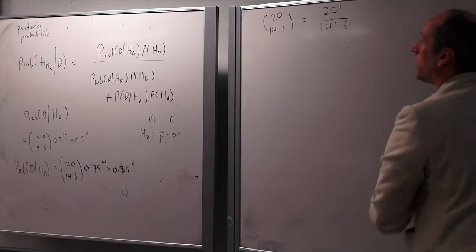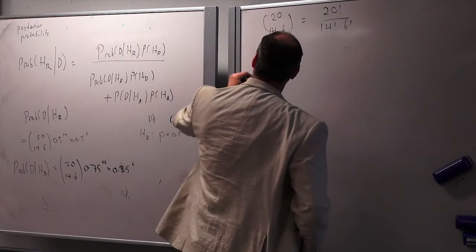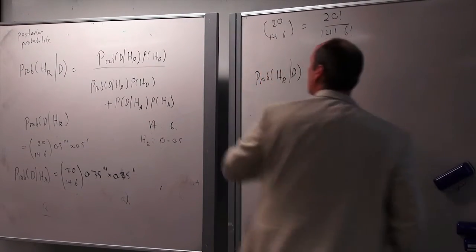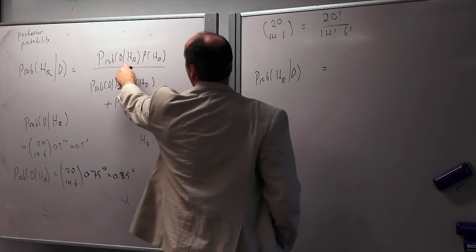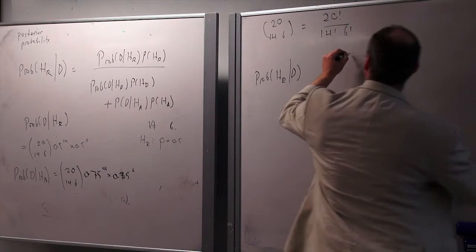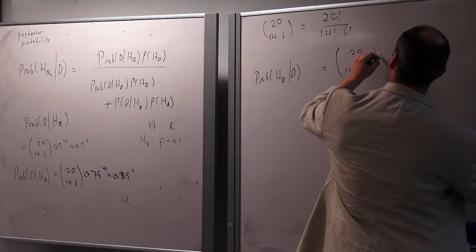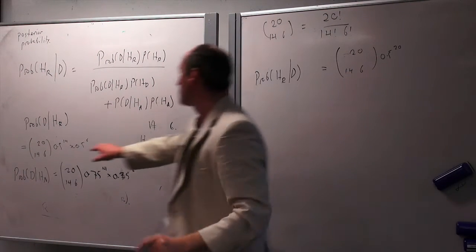So now we can just go through this whole process and work it out. Probability that I'm right after we've seen data is equal to the, well, I'll just write it out. This probability of D given HR, well, it's this one here, isn't it? It's 20 choose 14 and 6 times 0.5 to the power 20, because I've got 20 altogether here.